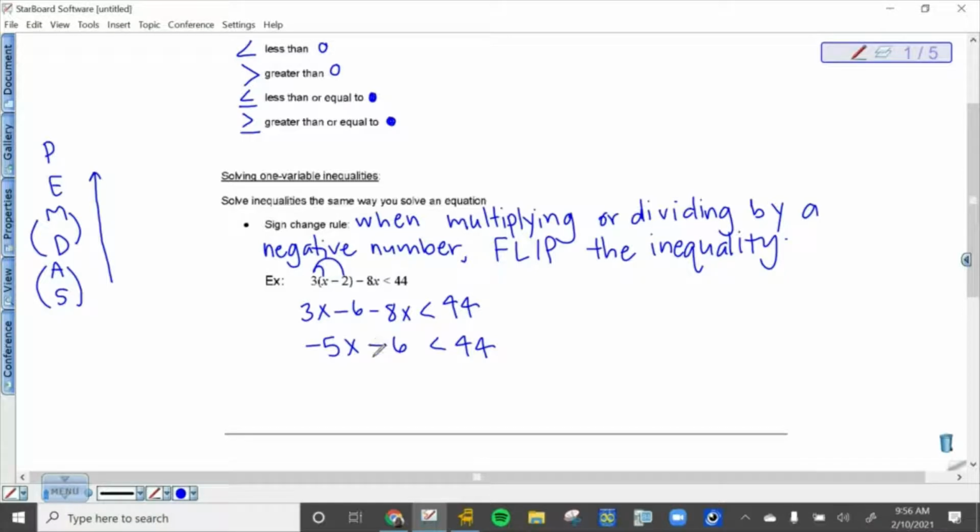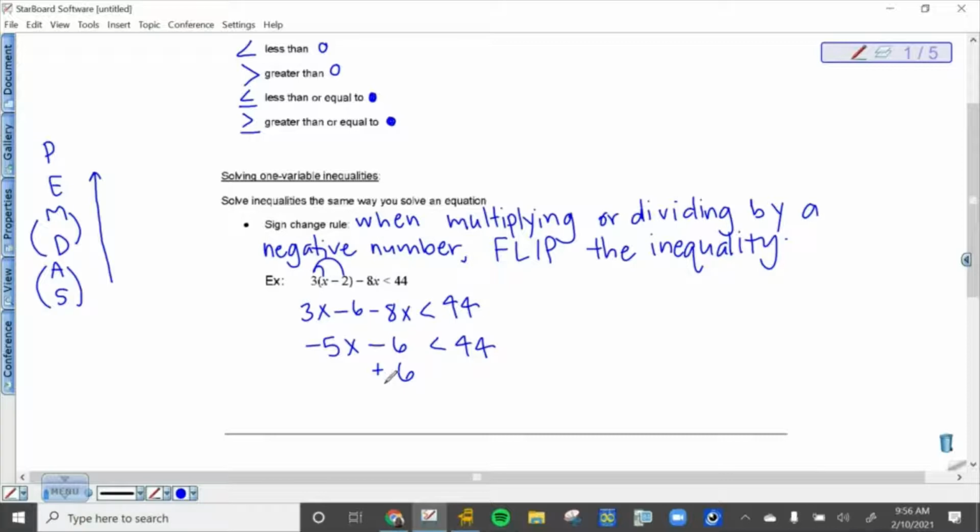Now, I still need to get rid of my negative 6 and my negative 5. What do I need to get rid of first? What comes first, addition and subtraction or multiplication and division? When we're solving, remember we work backwards. So the addition is going to come first. We're going to add 6.